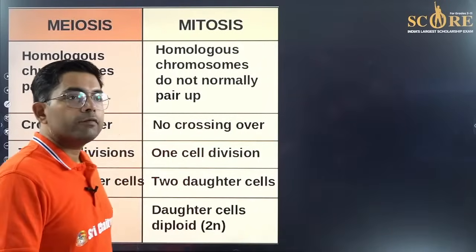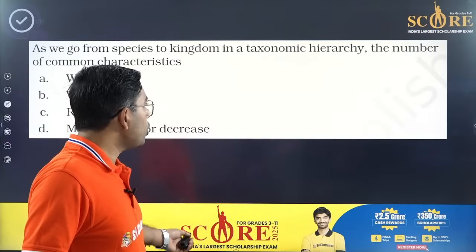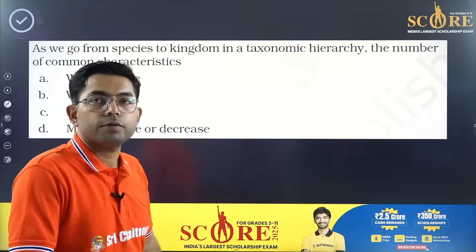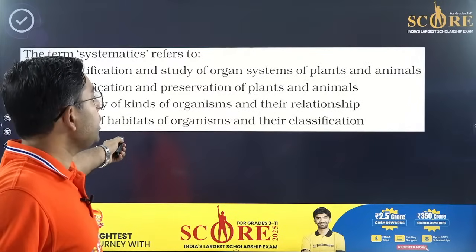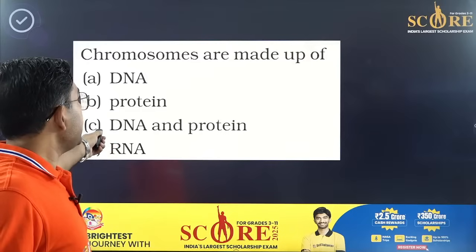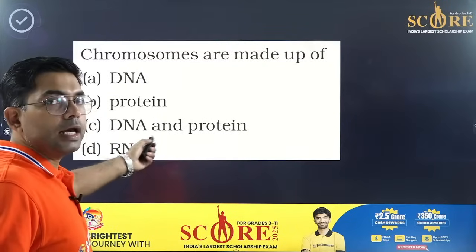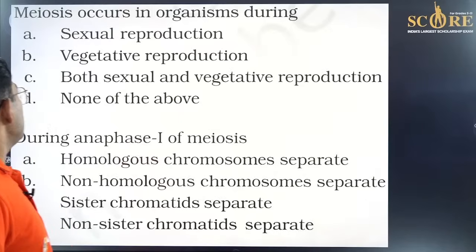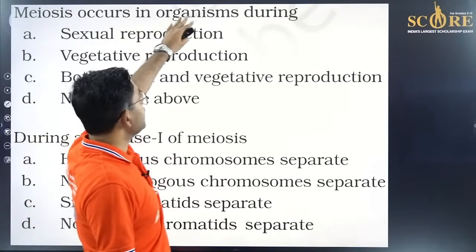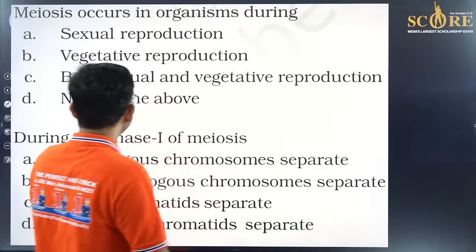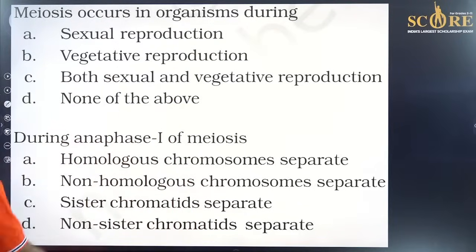Now what you have to do is go and solve exemplar questions like this. All these are exemplar questions from the NCERT, right? As you can see here, these are the exemplar questions. Now one question, let's say this, because we have just covered meiosis: meiosis occurs in organisms during sexual reproduction, right?